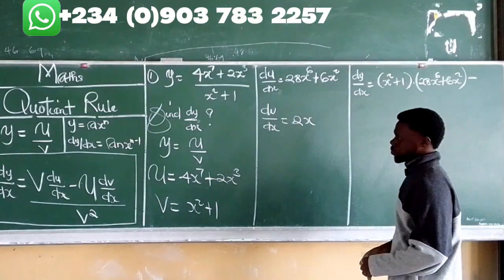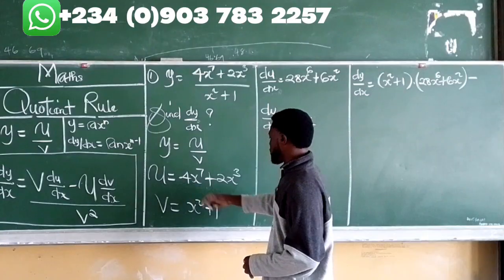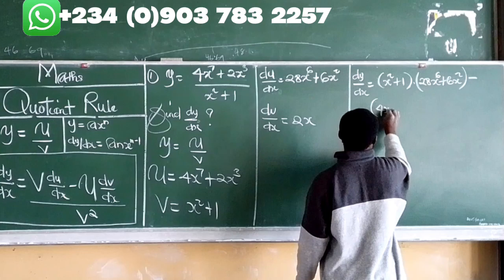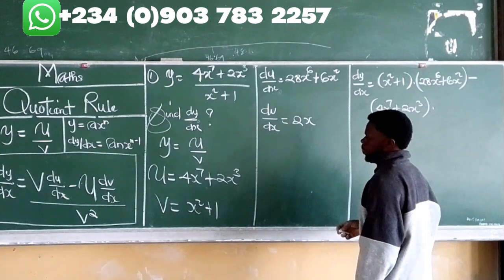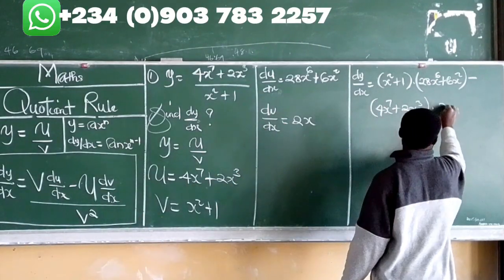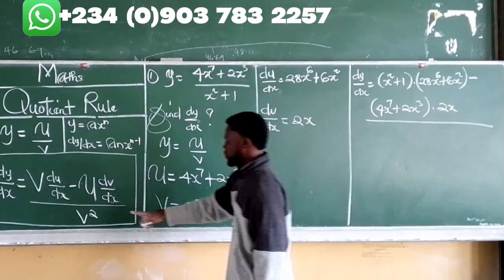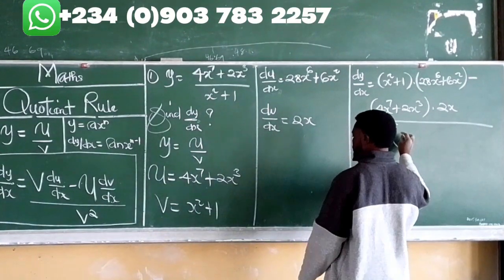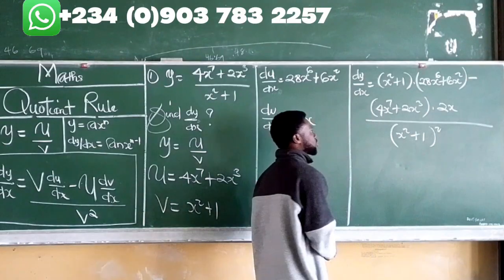Then minus, we have u. So u is given as 4x raised to the power of 7 plus 2x cubed. So we have 4x raised to the power of 7 plus 2x cubed times, and the next is dv over dx. dv over dx is 2x, all divided by v raised to the power of 2, which is v squared, and v is this, so we are going to take the square of this, x squared plus 1 raised to the power of 2.